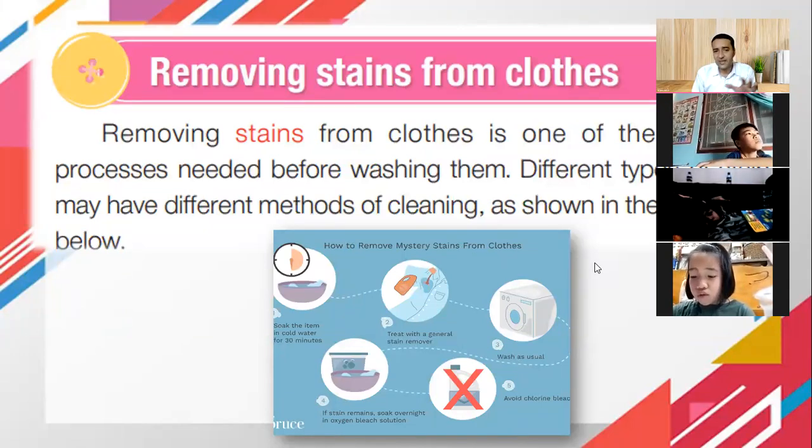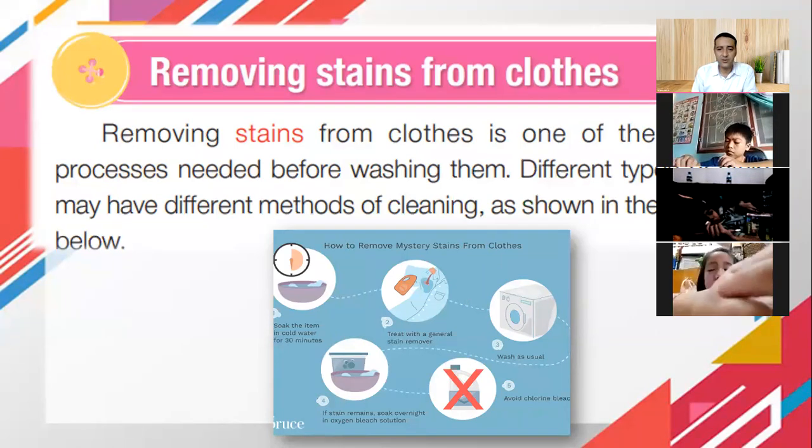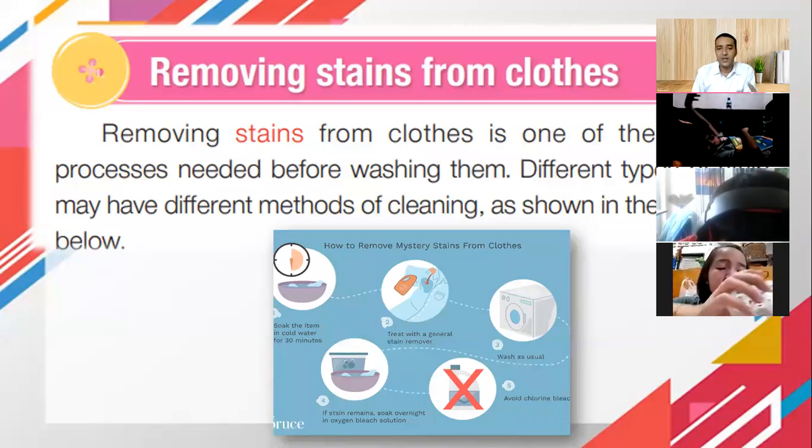Okay, after putting it in cold water for 30 minutes, the next step is to treat with a general stain remover. So we have different kinds of stain removers, right? The general stain remover that we use in our house, we have to treat with that.